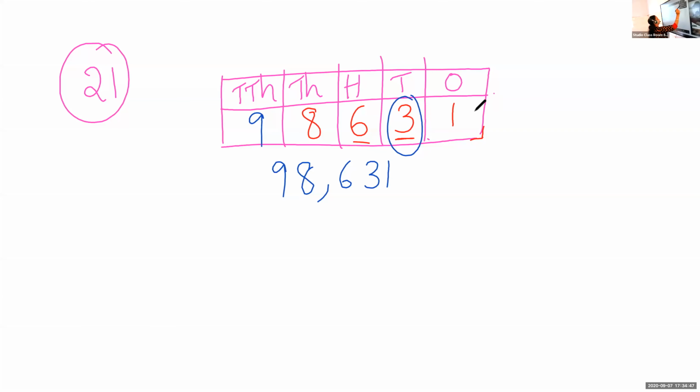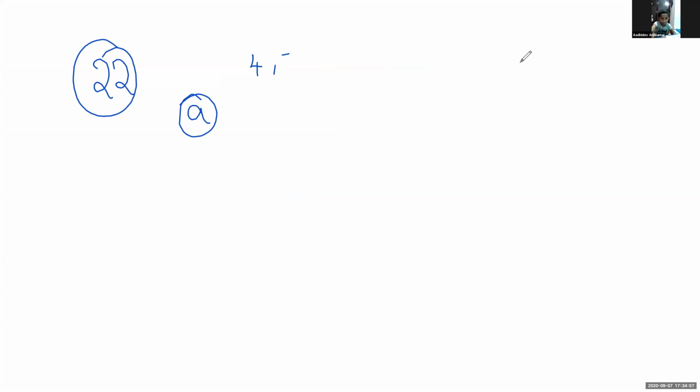Last question, question number 22A. We have the digits 4, 7, 6, 5 and 0.